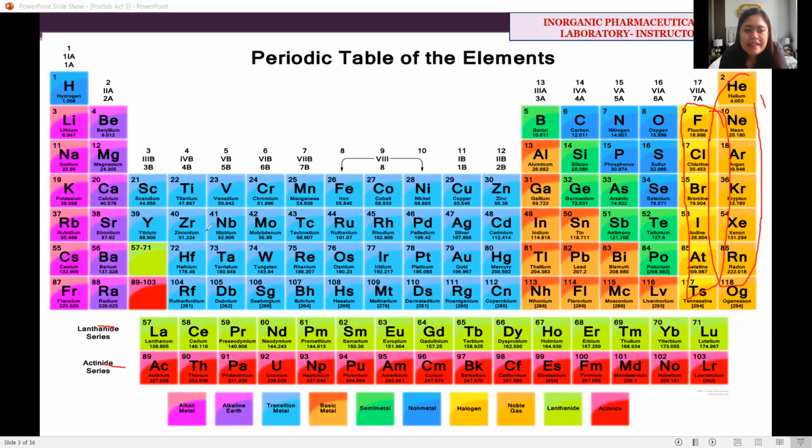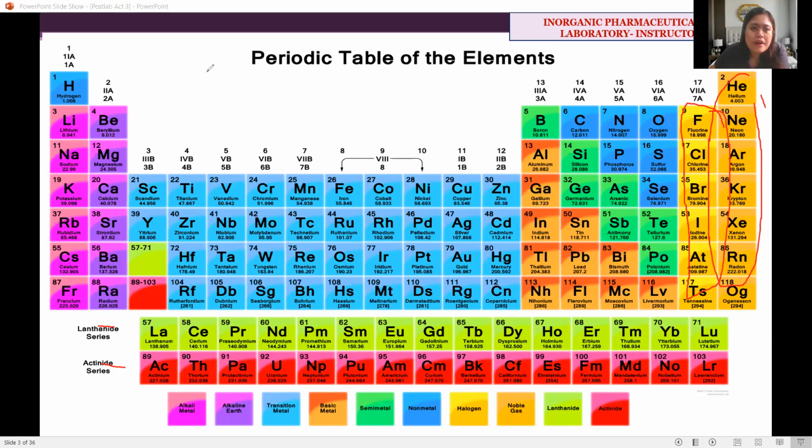We have the lanthanides on top, the green ones, and below, we have the actinides. They are called rare earth metals. They are still metals, but they are found very rarely on earth. So again, we have the lanthanide and the actinide series.